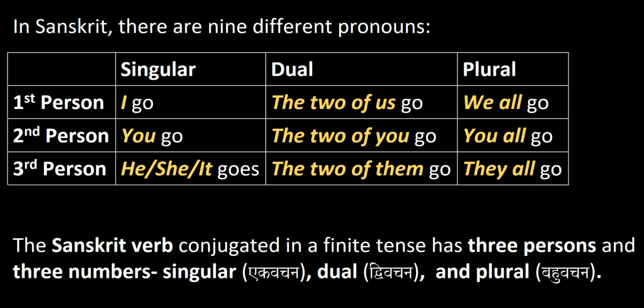So singular is ekavachan, dual is dvivachan, and plural is bahuvachan. Okay, so 3 numbers in Sanskrit, 9 different pronouns, 3 persons, first person, second person, and third person, and then you have singular, dual, and plural.